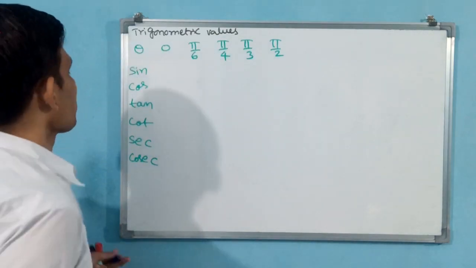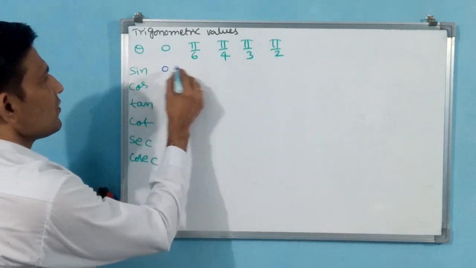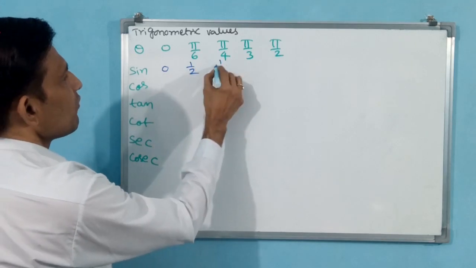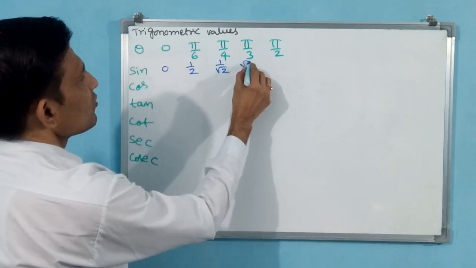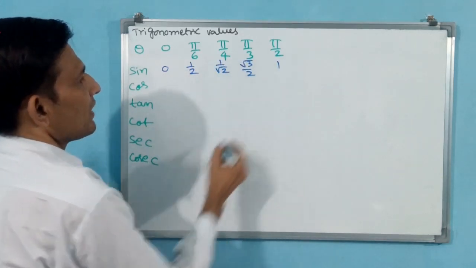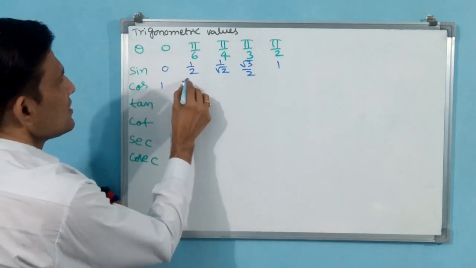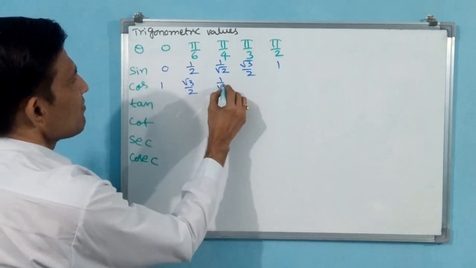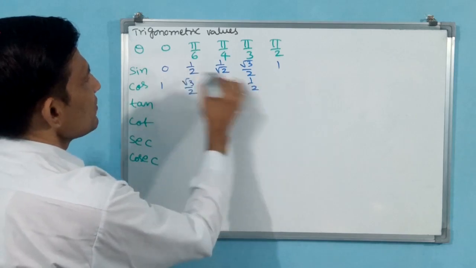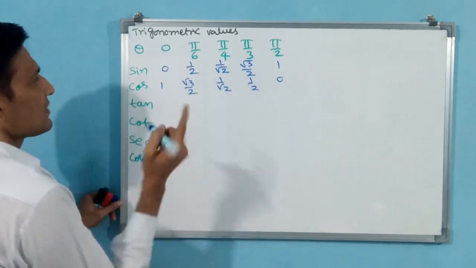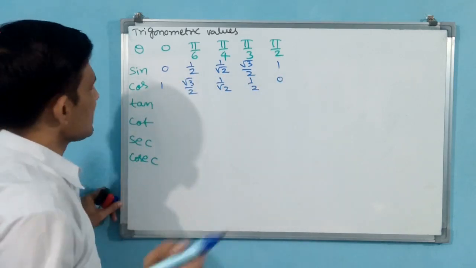Okay, let me write. Sine: 0, 1 by 2, 1 by root 2, root 3 by 2, 1. Again 1, root 3 by 2, 1 by root 2, 1 by 2, 0. Why? Because I just reversed, I told you earlier. Okay, please watch my old videos.